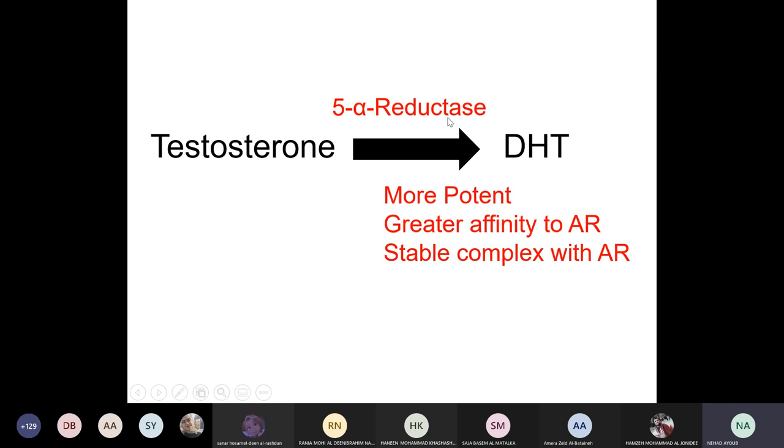The idea was that if we use 5-alpha reductase inhibitors, we stop the conversion of testosterone to dihydrotestosterone, the very potent androgen, and so the hormone will not be available at high levels, and so we decrease the transformation of the normal prostate epithelium because of the effect of this hormone.